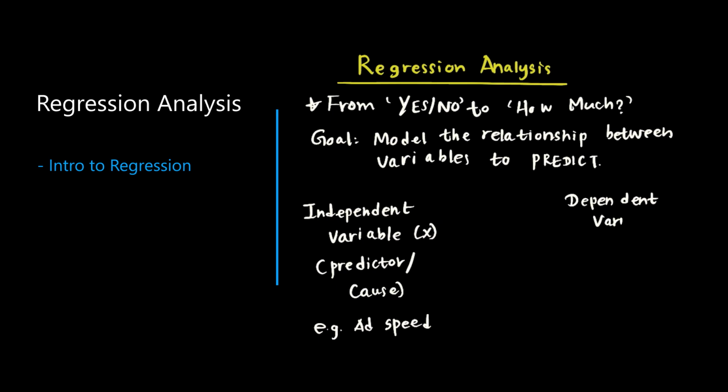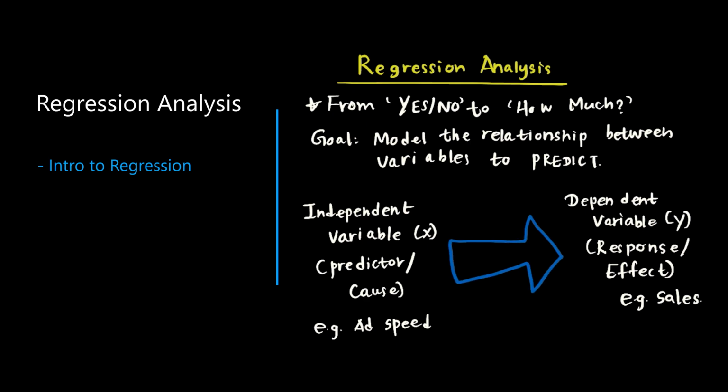The independent variable, sometimes called the predictor or explanatory variable, is the one we control or the one we think is causing an effect. Things like advertising dollars, hours of training, or temperature. The dependent variable or response variable is the outcome we're trying to predict, like sales, employee performance, or ice cream sales.